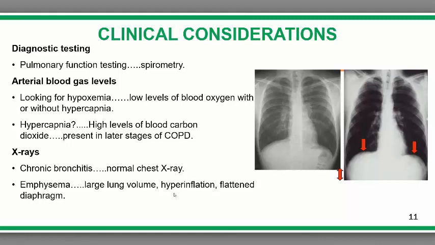And so recall that hyperinflation points to the increased amount of air trapped within the airways, as well as a flattened diaphragm. And so with this increased volume, this requires space of the lungs, and that pushes inferior on that large dome-shaped muscle that exists inferior to the lungs.